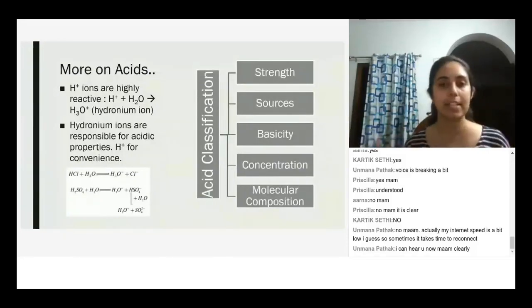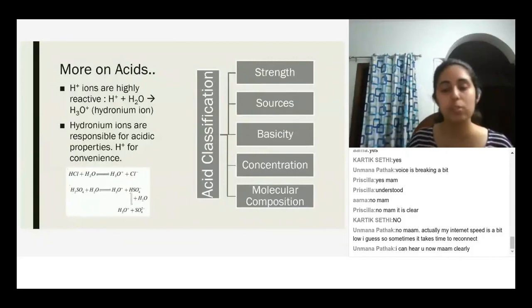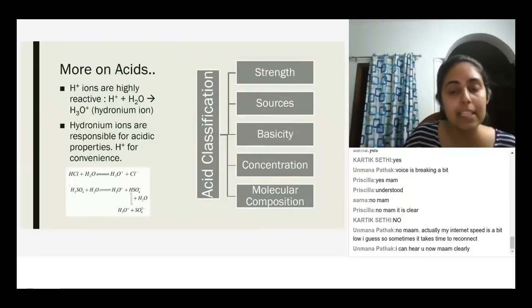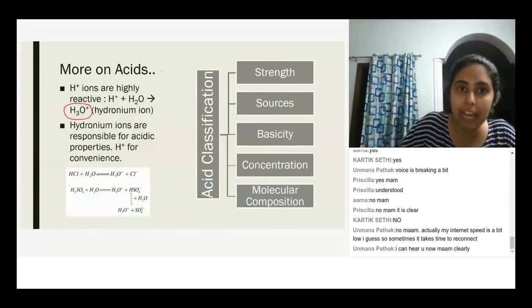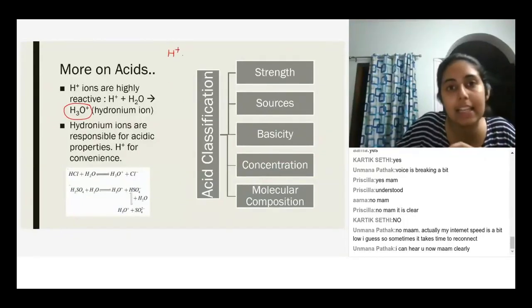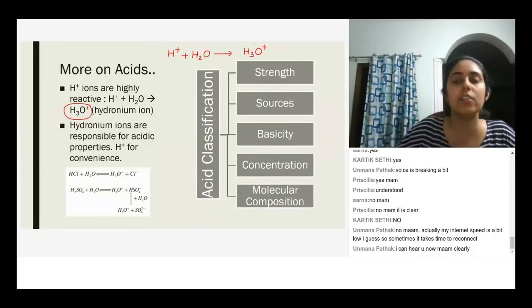These H plus ions are so highly reactive that they end up reacting even with water. The H plus ion reacts with the water molecule to form H3O plus, which is called the hydronium ion.